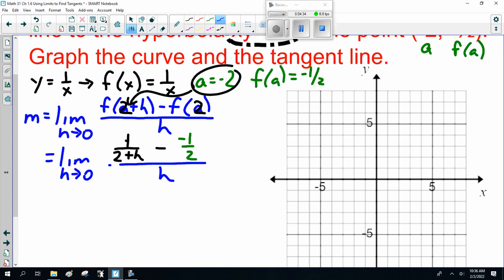Oh, sorry, no, it's not. It stays minus 2. Forgive me. As I said, you do all these steps and you make one dumb little boo-boo like that. It's just annoying. Anyway, I'm going to rewrite this: 1 over h minus 2, plus 1 over 2, divided by h.